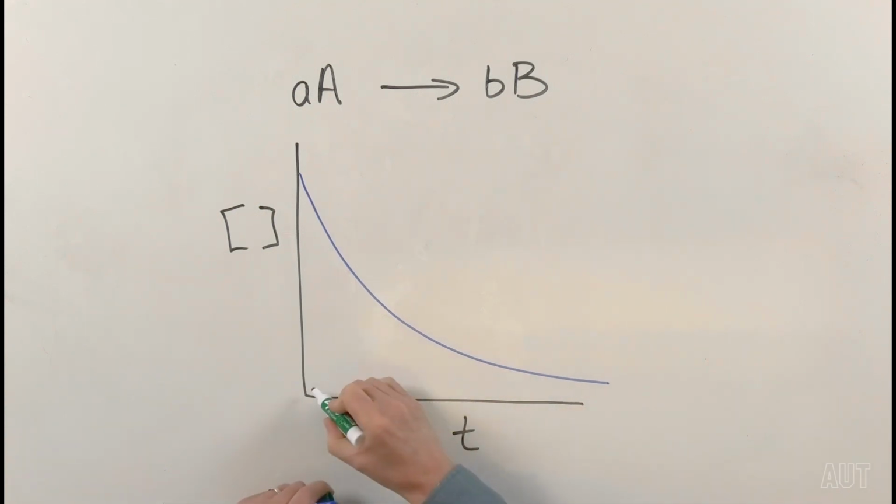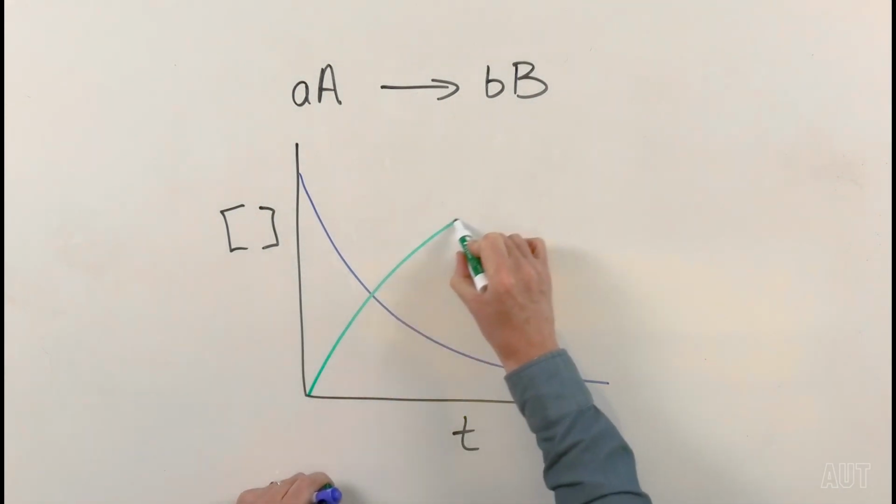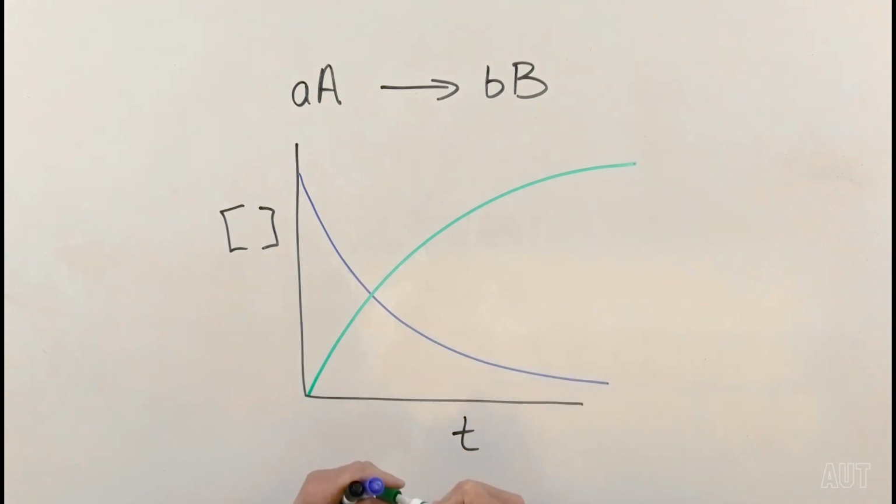The concentration of B starts at 0 and it's going to increase, and its concentration versus time curve might look like that. Okay, so what we're talking about now is the rate of change of concentration of these guys.